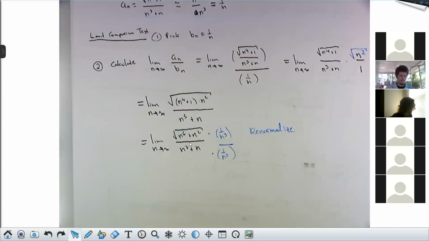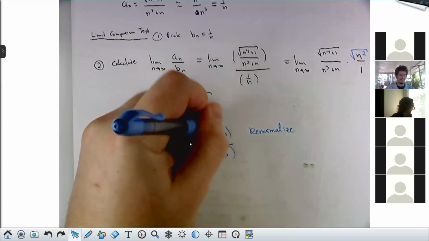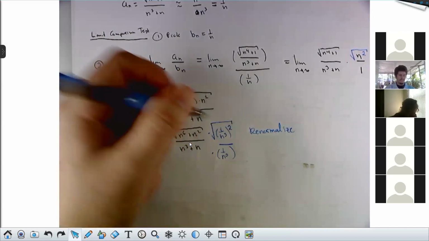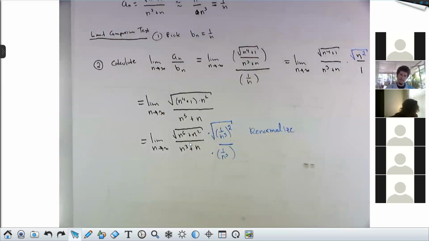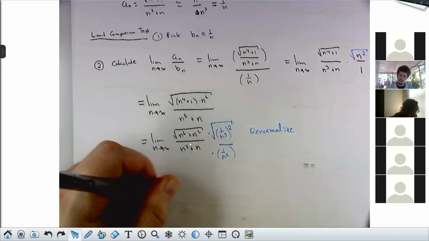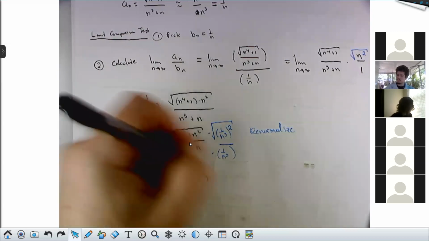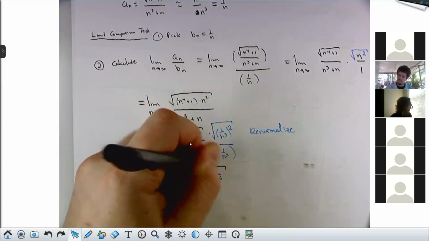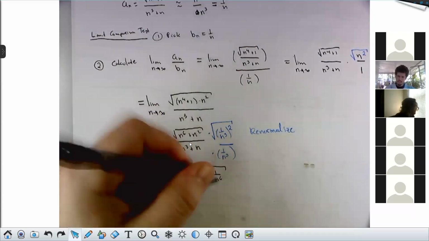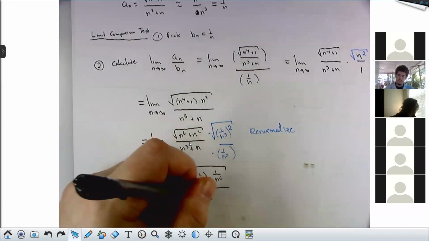And just like we did before, we're going to get this guy underneath the square root by playing a game with square roots of squares. So this one I will actually treat as this, which will give me the limit as n goes to infinity of the square root of n to the 6 plus n squared times 1 over n to the 6, all divided by 1 plus 1 over n to the 5th.